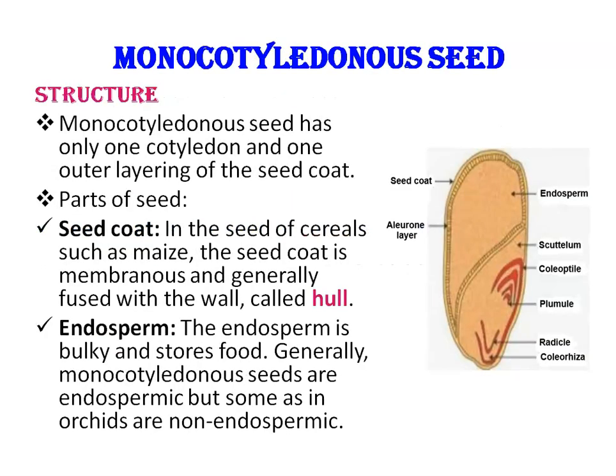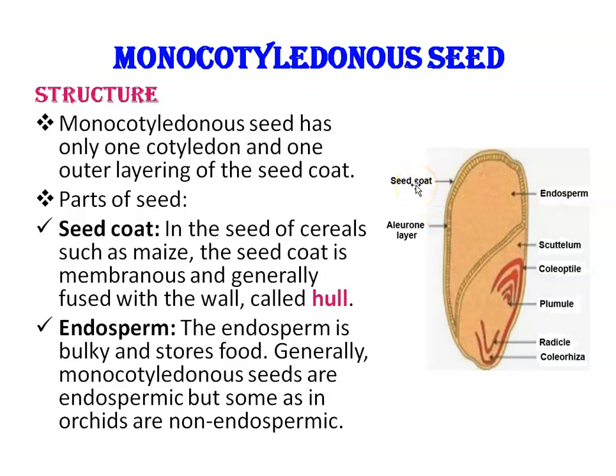Next is monocotyledonous seeds. So first we'll discuss the structure of monocotyledonous seed. Monocotyledonous seed has only one cotyledon and one outer layer of the seed coat. This is structure of monocotyledonous seed. So different parts of the seed. First is seed coat. This is seed coat.